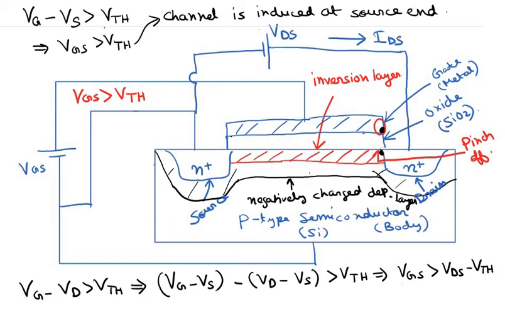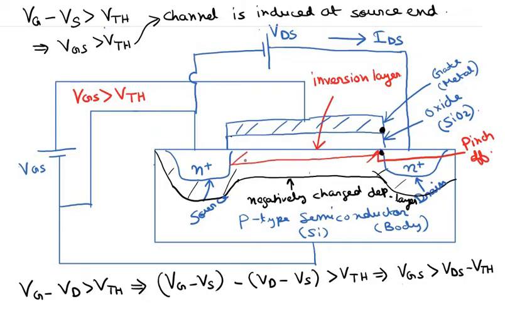So if the potential difference between this point and this point decreases, then the strength of the induced channel at the drain end also decreases. So when VDS is increasing, the strength of the induced channel at the drain end decreases.